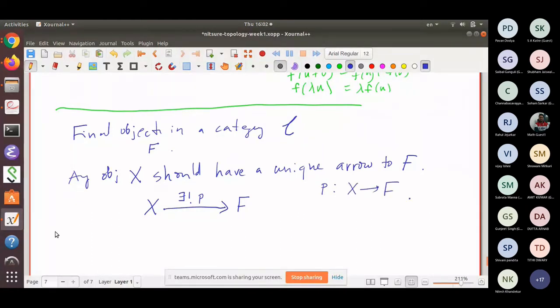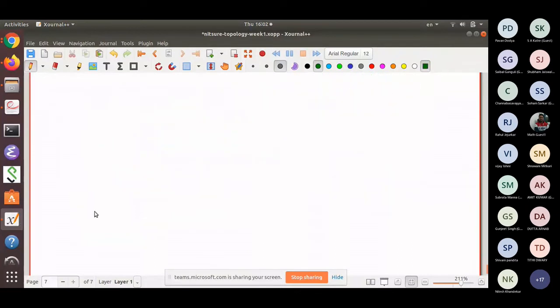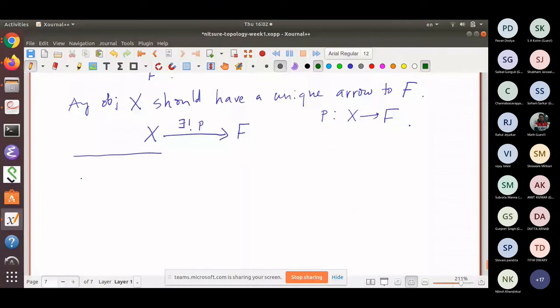Now I am going to ask you category by category what the final objects are. So I'll name the category, you tell me, and I'm changing the color because we are now talking examples. Okay. So category of sets, what's the final object? Any singleton set.